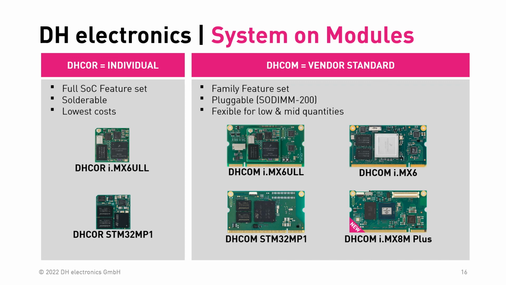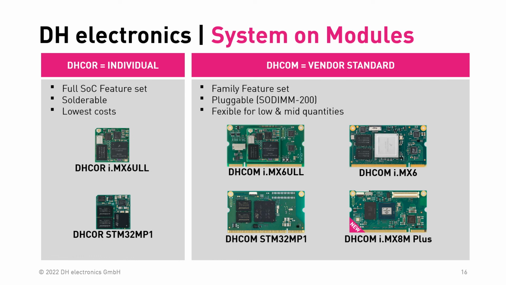These are individual designs, which means we have no compatibility between the DH core system on modules. The main feature is low cost. Therefore, we are using the soldered down technique, and the SOMs really offer the full SoC feature set on the mainboard. Next to this, we have our DH-COM family on the right-hand side.